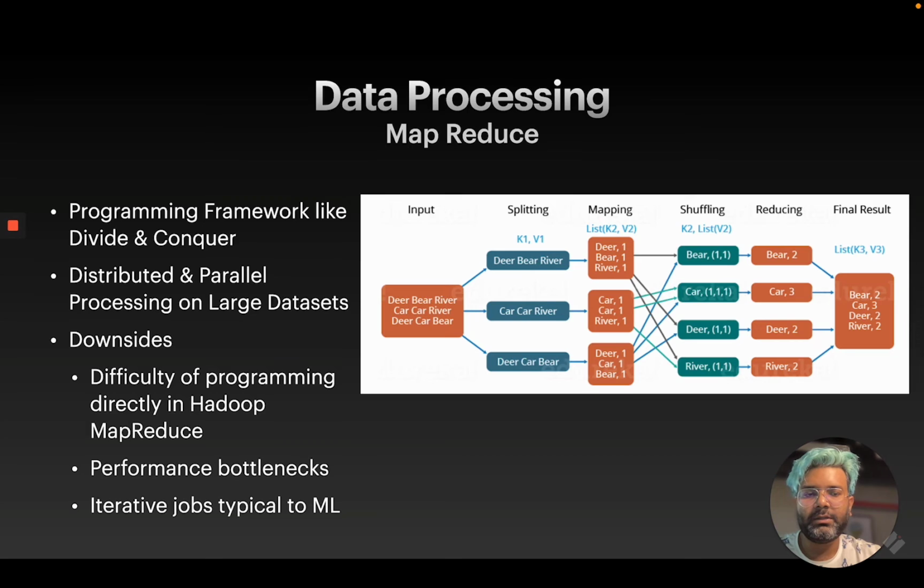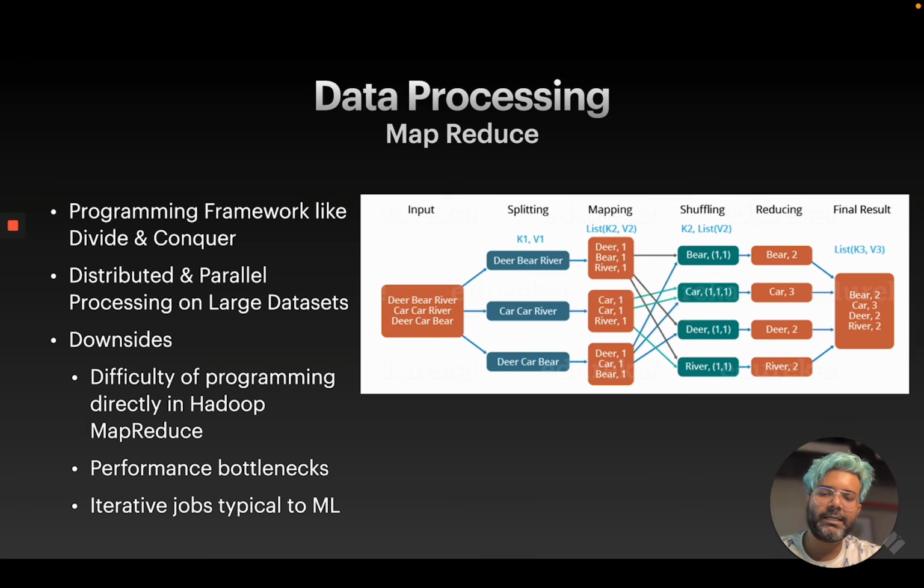Now this was great. When MapReduce came out, it was able to solve a lot of problems that people were struggling with earlier, but there were some clear downsides of MapReduce as people tried to use it for more advanced use cases.